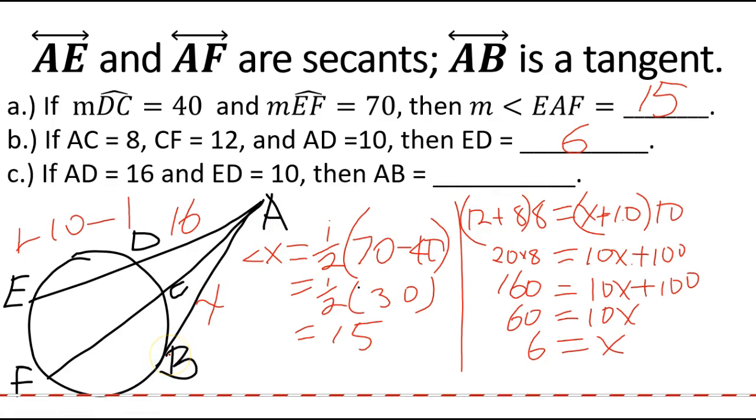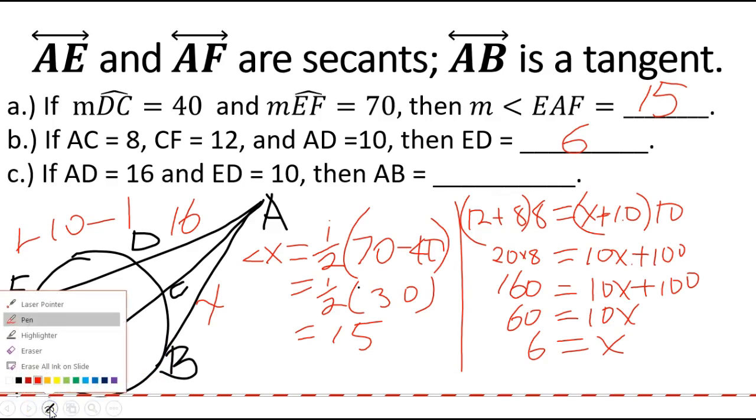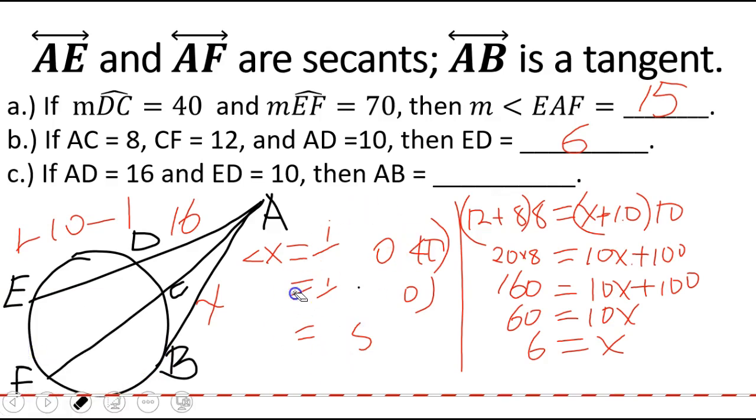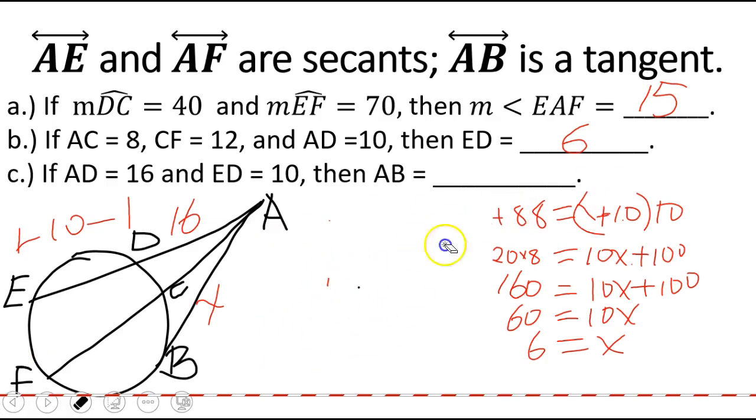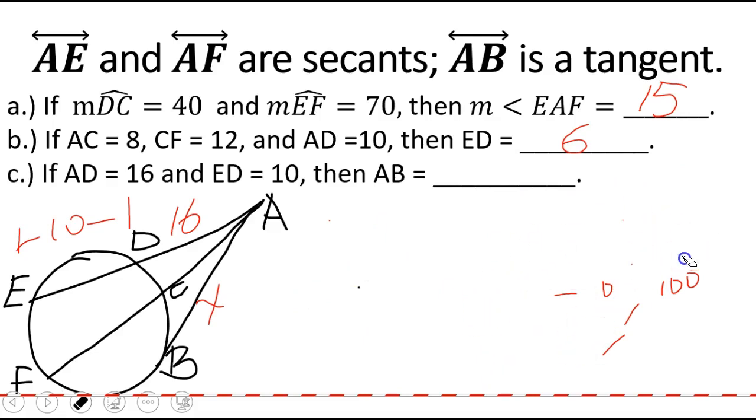So AB is a tangent. I need space here, so I'm going to erase this also. All right, so when we have a tangent, we just multiply it by itself.